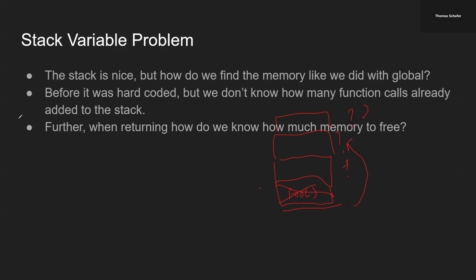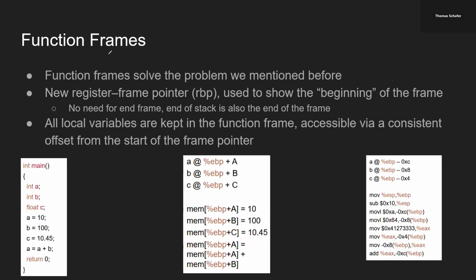And so we need to deal with this problem using something called function frames. We add a new register where we talk about the beginning of the frame. And that helps us solve a lot of issues because we ask for memory from the stack, so the top of the stack is just going to be the top of the function frame. We don't need a new register for that.